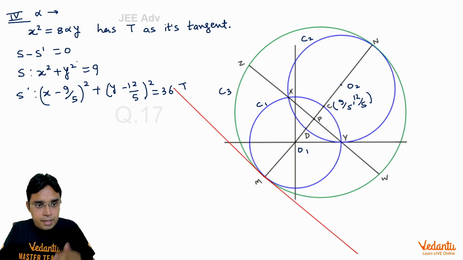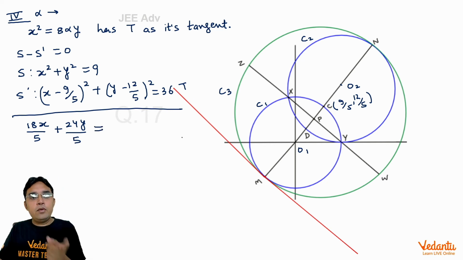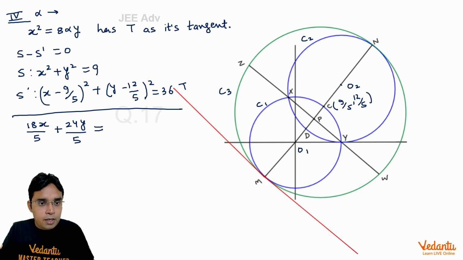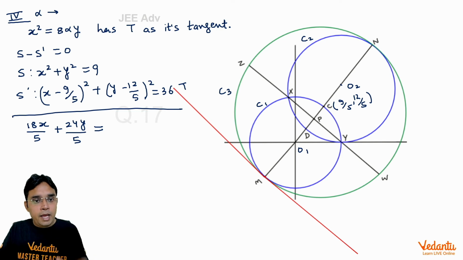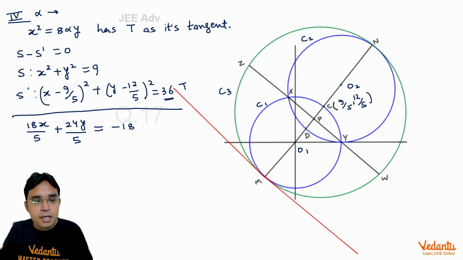So if we take the difference of these two equations, we will get 18x upon 5 plus 24y upon 5, and all the constants I am taking on the right hand side. Here 81 plus 144, which is 225 upon 25, so 9 going on the right hand side of this S dash, make it 27, and if we subtract it from 9, we will get minus 18 on the right hand side.